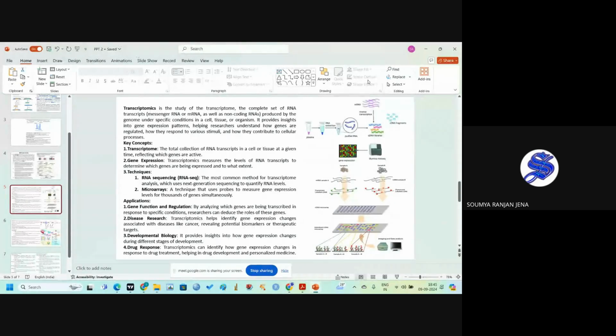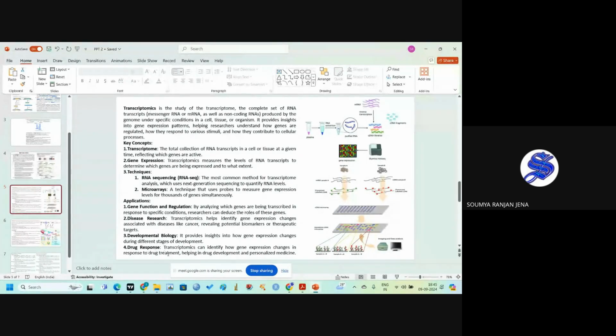Because during the developmental process we can do transcriptomics of the different tissues or cells to know which gene is expressed at that particular time. So we can also analyze the mRNA of the genes.